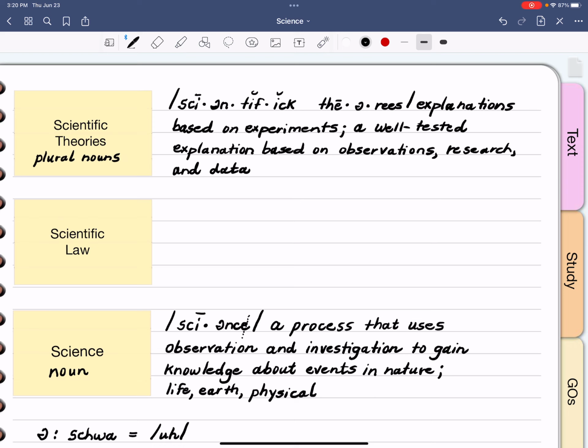And then we have scientific law. I'm not going to break scientific down again, and law is just one syllable. It says aw, law.